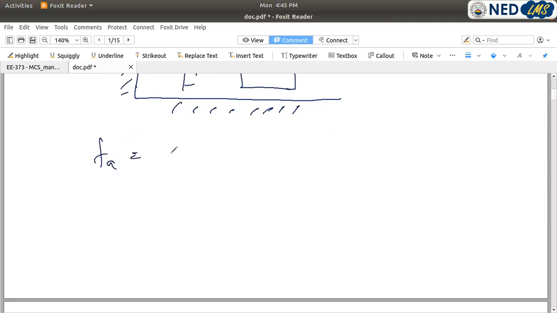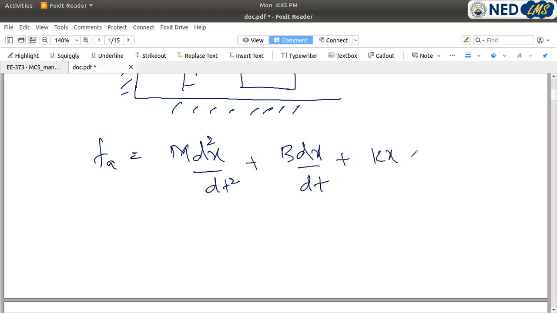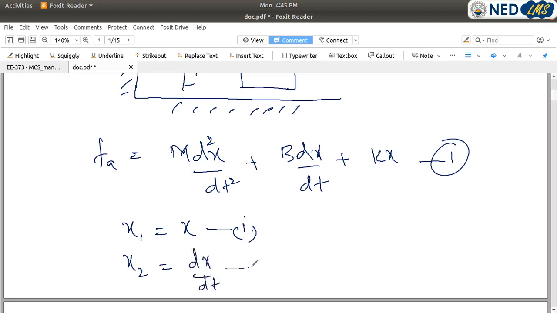Fa is equal to m d square x by dt square plus b dx by dt plus kx. Now assume state variables. I'm quickly doing it. x1 is equal to x, one state variable, and x2 is equal to dx over dt.